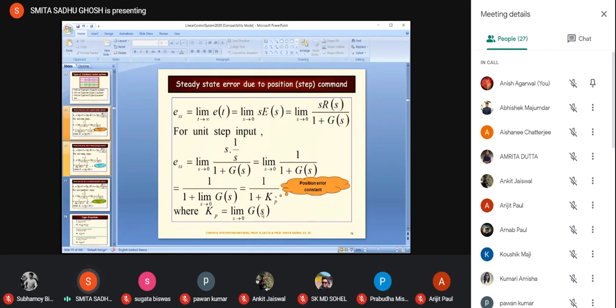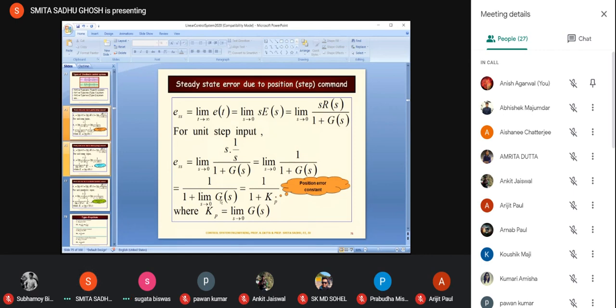If a position command is applied, it will essentially yield a steady state error which is constant, right?